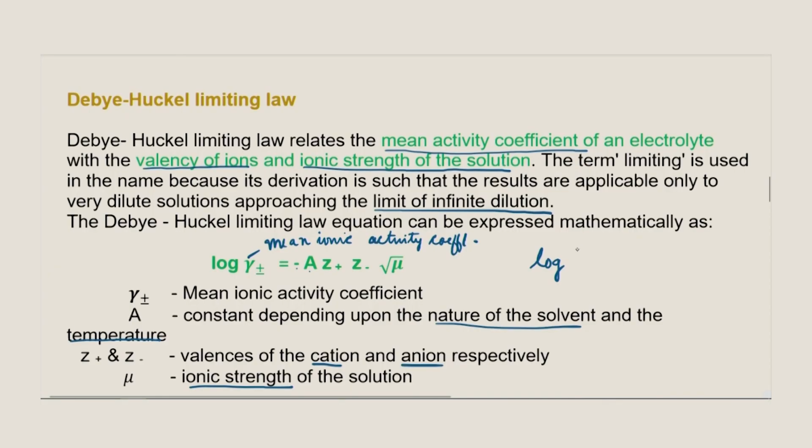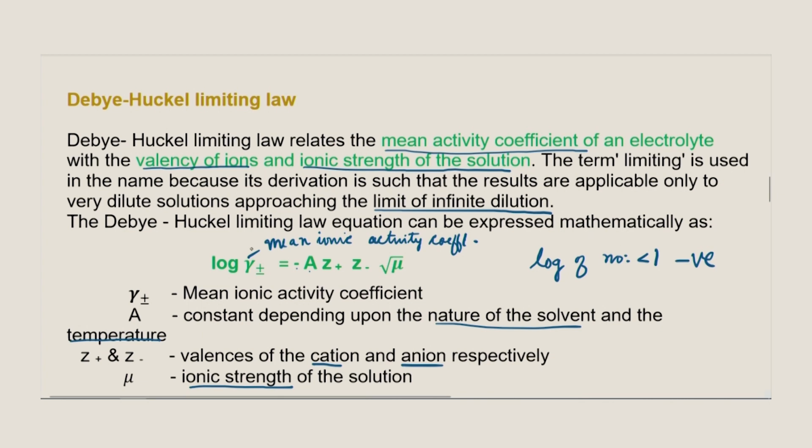Okay. Now, when we watch this equation, you can see a negative sign applied here, because that is true. When we take the logarithm of any number less than 1, the logarithm term should be negative.